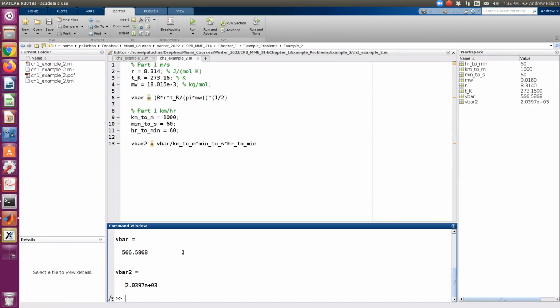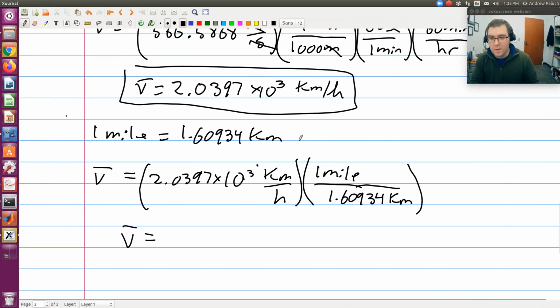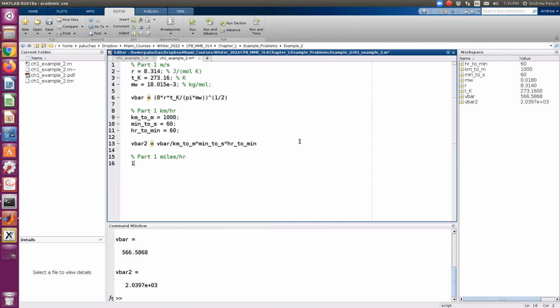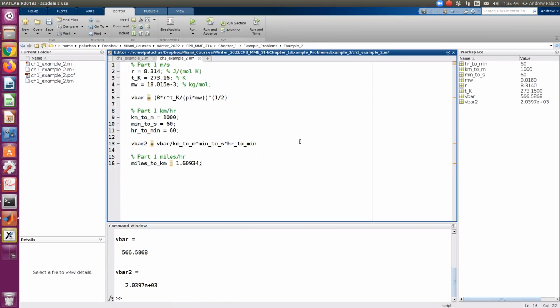Okay, so come back over here. So part 1 in miles per hour, my conversion factor, so 1 mile is, call it miles to kilometer, and that's 1.60934. So then V bar, call it 3.